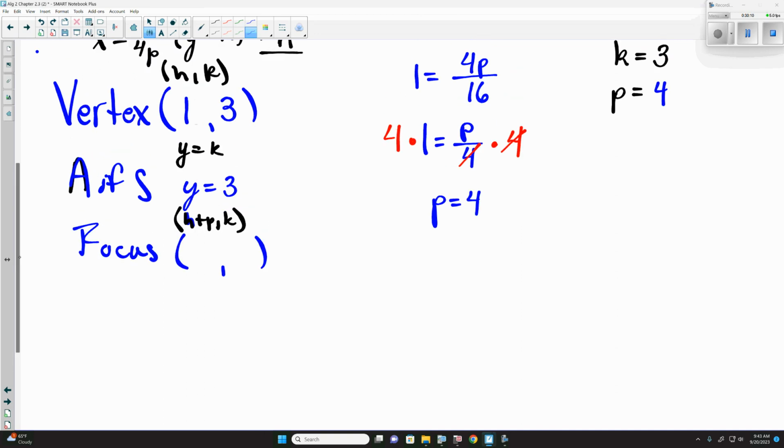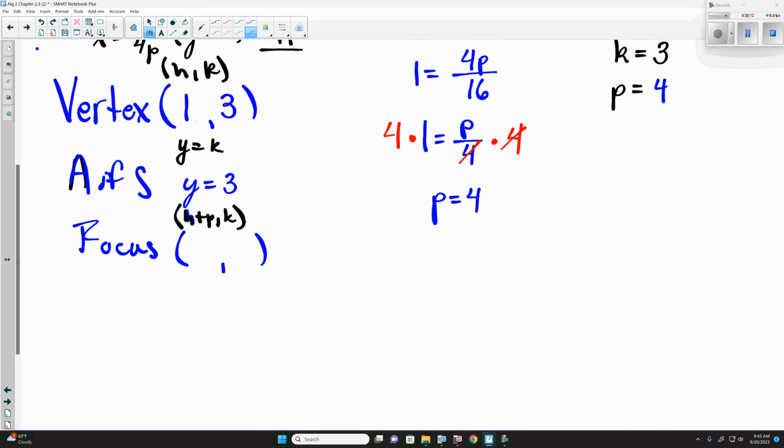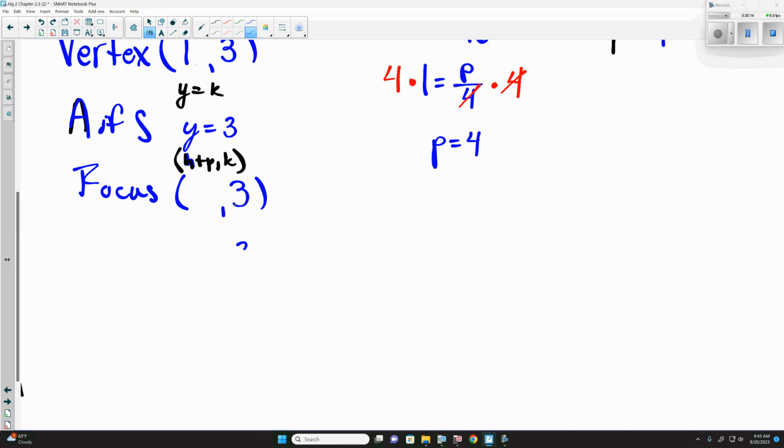Well, our k is still 3. But we do need to find out what the first one is, our h plus p, yes? It'd be 4. Oh yeah, it's 5. H plus p, well, h is 1, p is 4, and 1 plus 4 is 5.